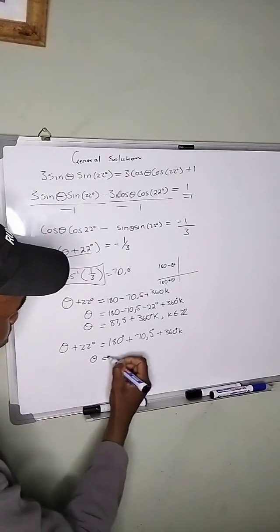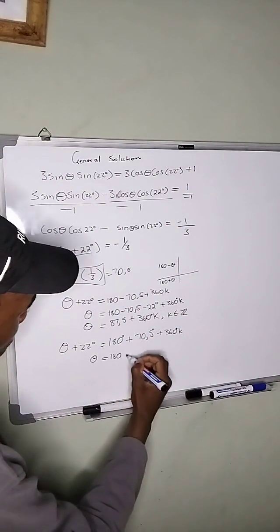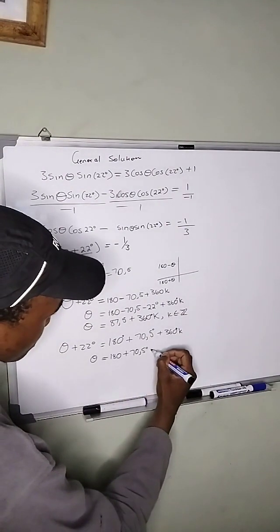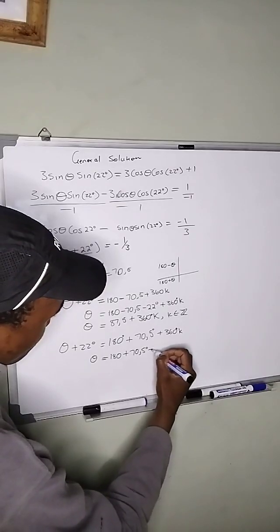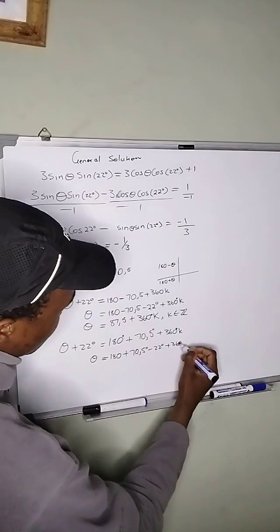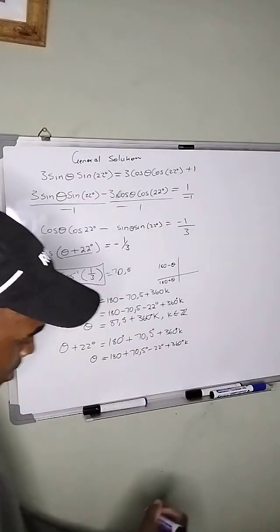So I'm going to say 180 plus the reference angle, degrees, minus 22 plus 360k.